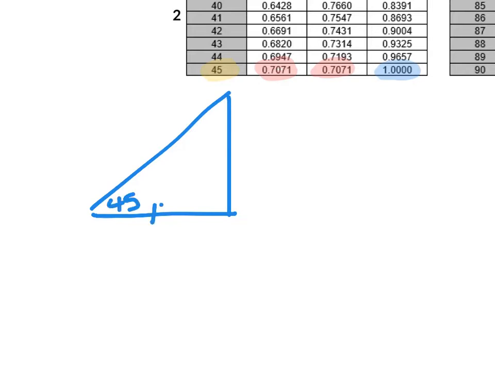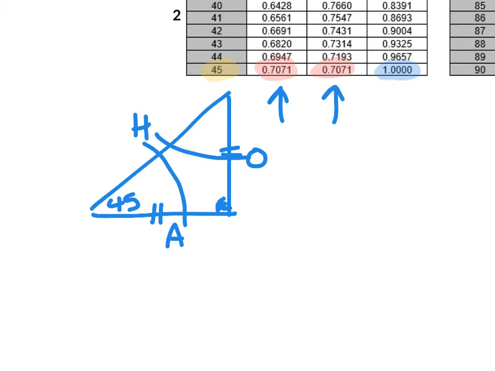Why would that be? Well, you know, in a 45-45, there are two sides that are the same. So if you were doing the opposite over the hypotenuse, that would be this guy, you would get the exact same answer as the adjacent over the hypotenuse, that would be this guy, because O over H and A over H, and guess what?